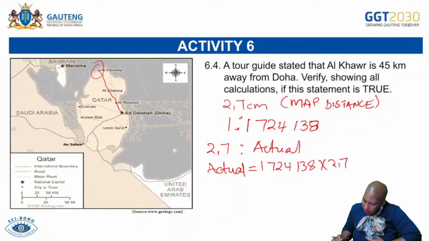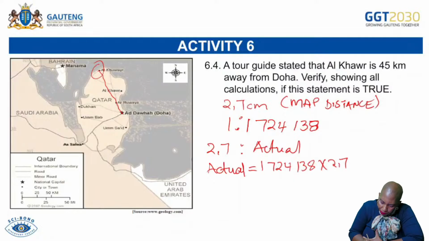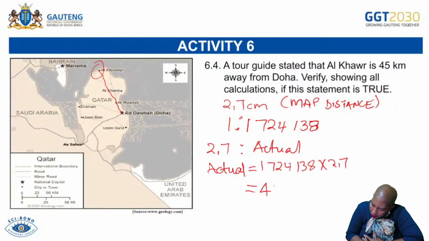And then my answer will be 4,655,172. That will be my answer if I use the entire scale as it is, and that is the answer that I get.